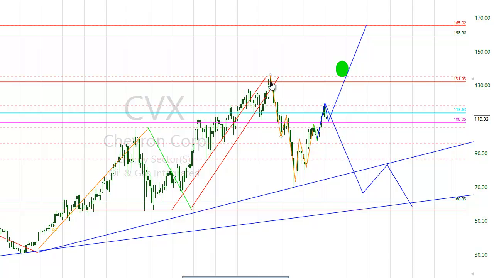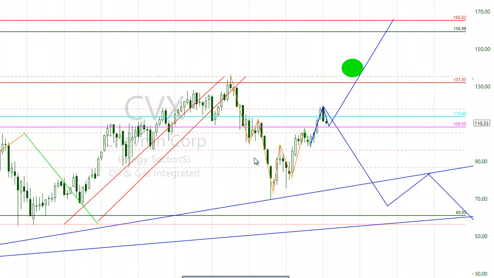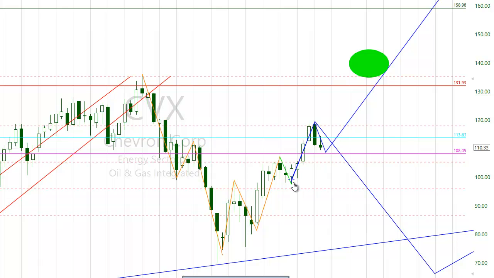So 1, 2, 3, 1, 2, 3, X, expecting 1, 2, 3, either stopping at 131.91 or pushing it all the way to 165.02. That remains to be seen.